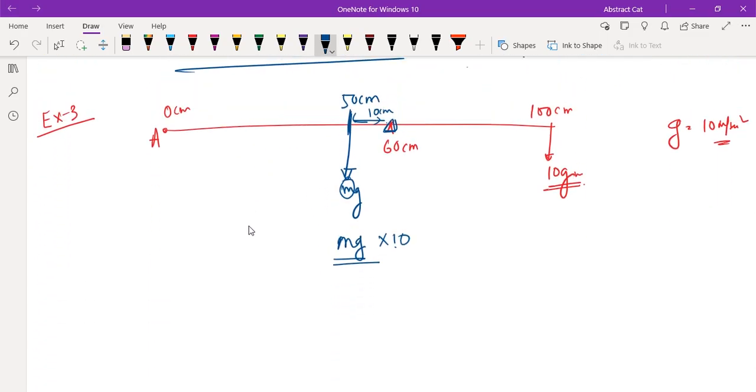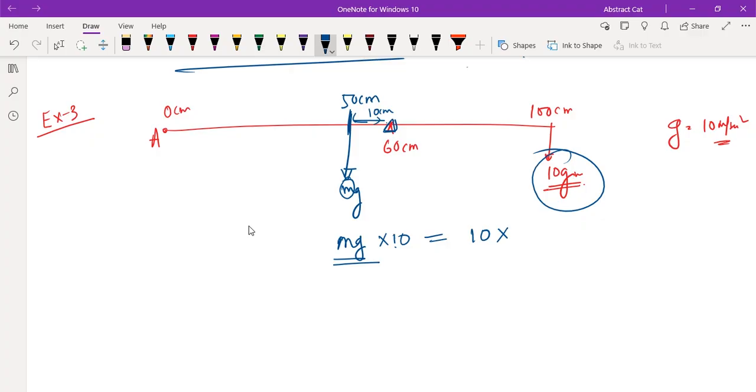Mg times 10. If you want to convert here, no problem, because in the principle of moment it is a ratio. So mg times 10, and the load is 10 gram, which also doesn't matter, and the answer is also in the CGS system, gram.